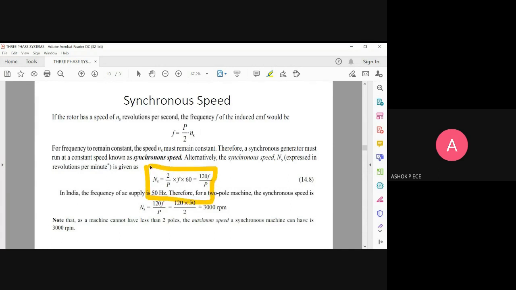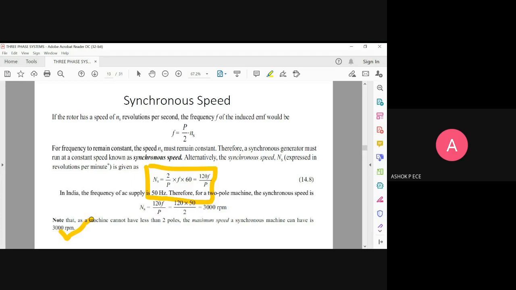This equation we have already seen. This is the synchronous speed of an AC machine: Ns equals 120 f by P. In India, we use a 50 hertz power supply. So for a two pole machine, Ns will be approximately 3000 RPM. As a machine cannot have fewer than two poles, the maximum speed a machine can have is 3000 RPM.